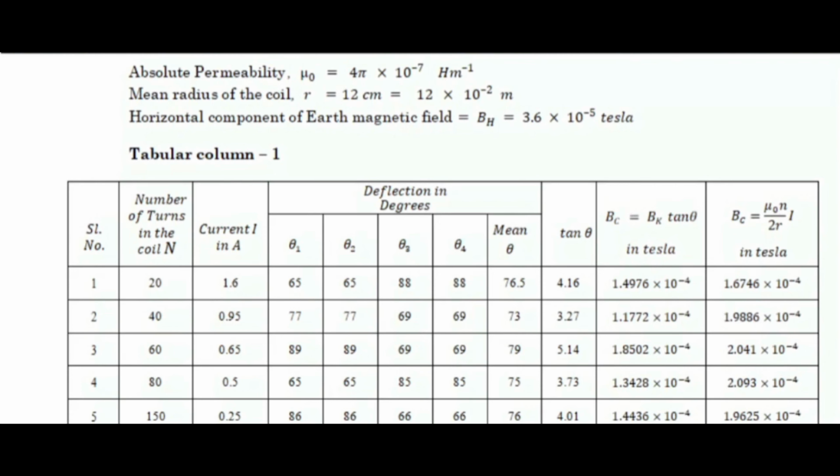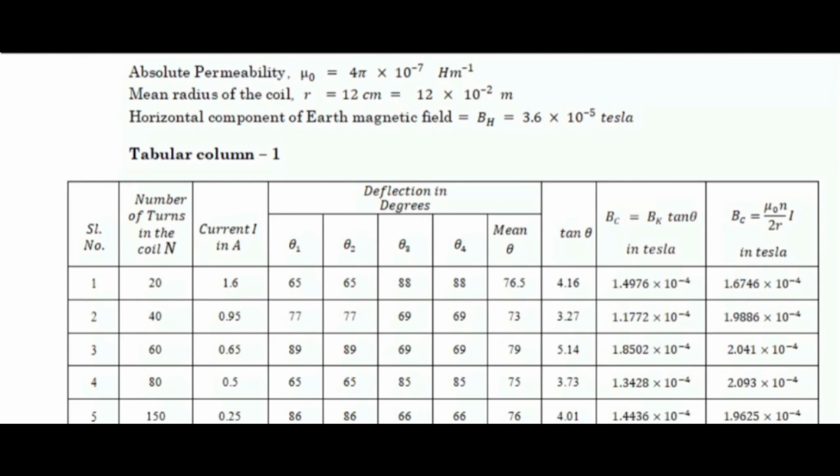Using tan theta, we can find the magnetic field at the center of the circular coil experimentally, using the formula Bc equals Bh tan theta. Bh is the horizontal component of the Earth's magnetic field. Theta is the deflection we have obtained from the magnetic compass box.